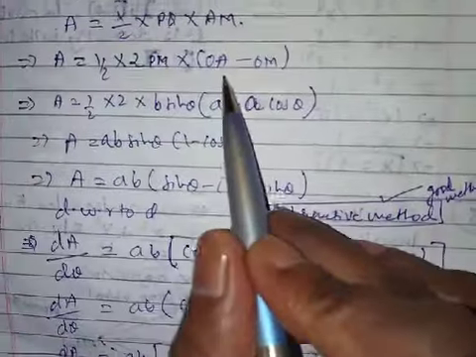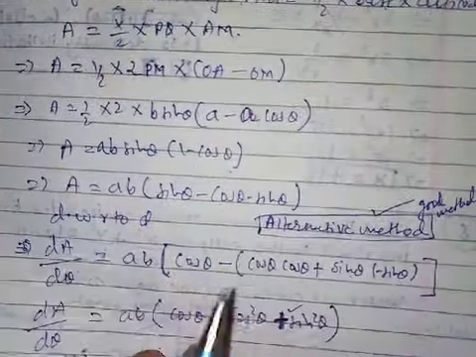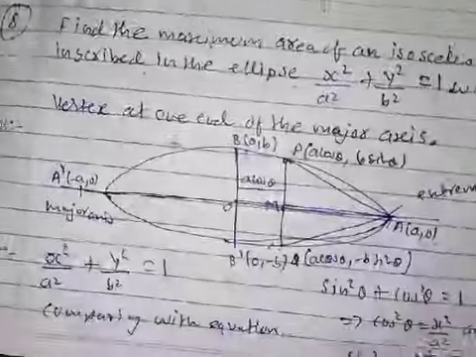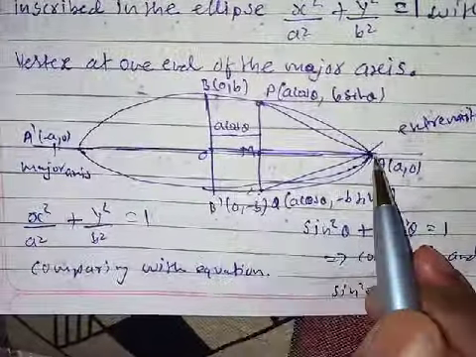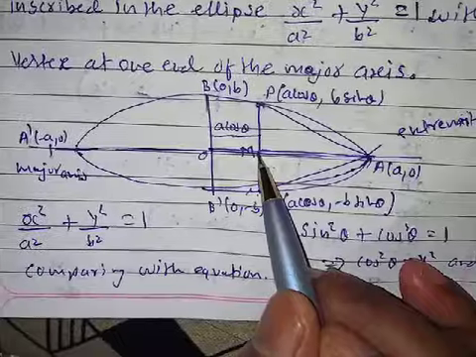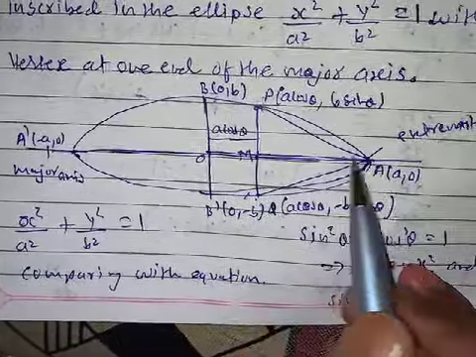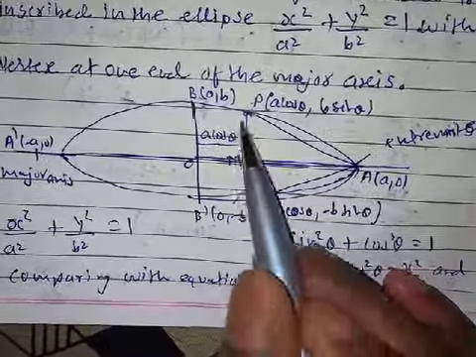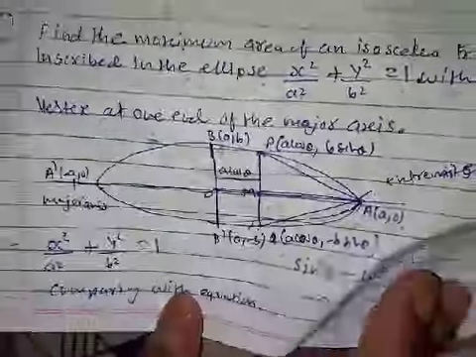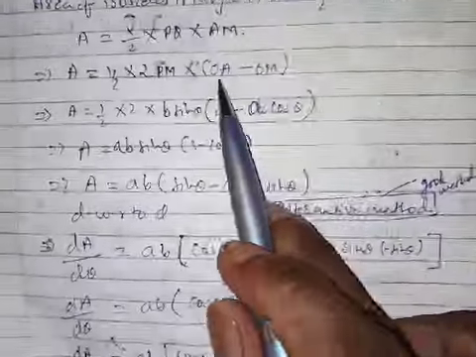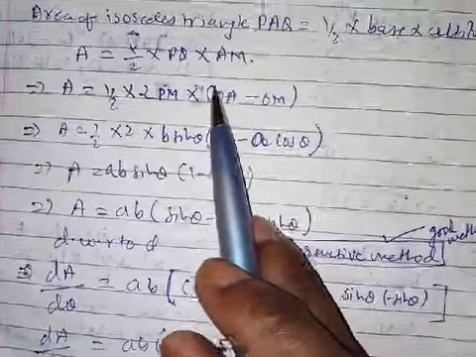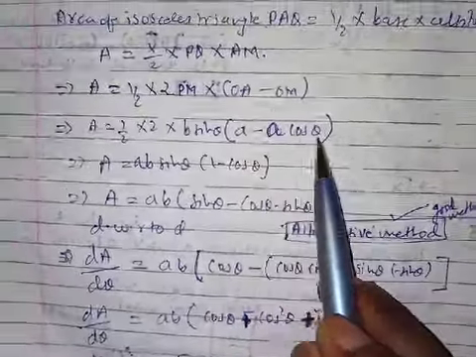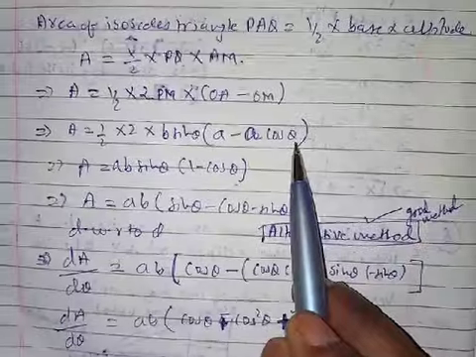Okay, AM is what? OA minus OM. You have to see here what is in the figure. OA is the whole a, and this is cos theta. So OA minus OM: OA is a, and OM is a cos theta.